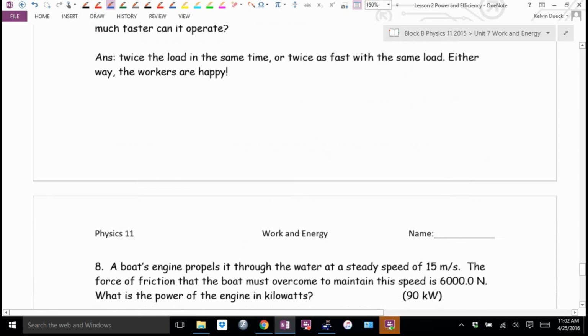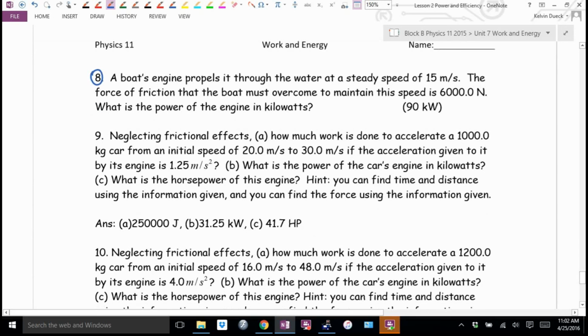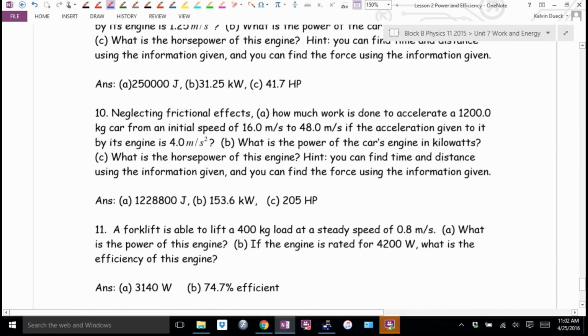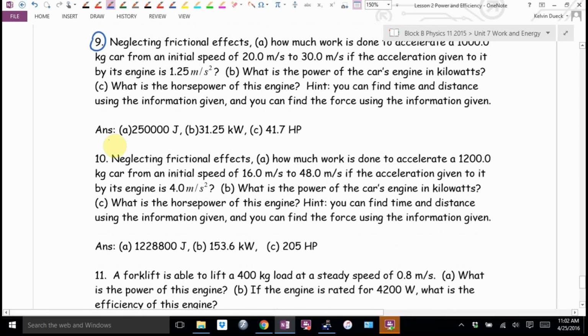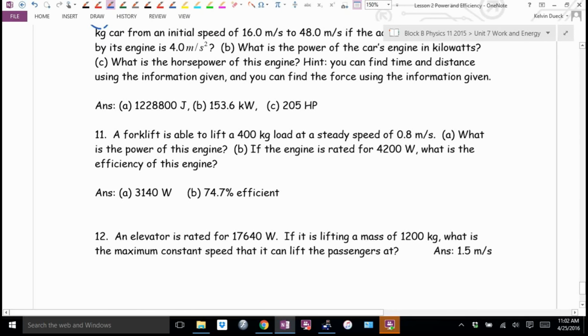I skipped 6. 8. 9. I'm giving you lots, but you're going to get time to work on this next class as well. 9, 10, 11 or 12. 12, elevator. That's a lot. But that's really giving you every way to mix and mash these.